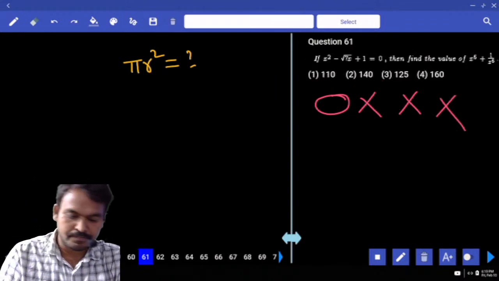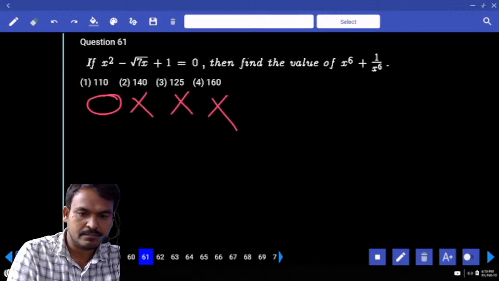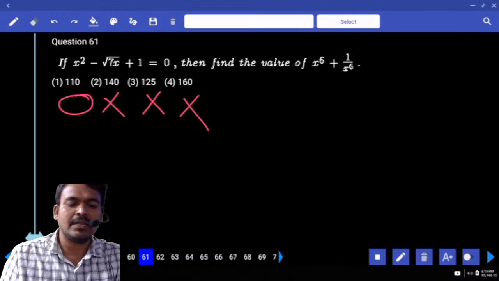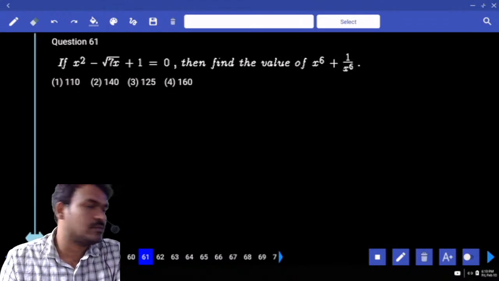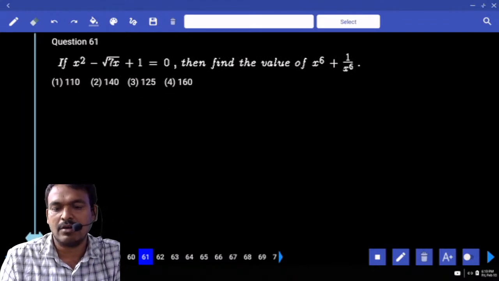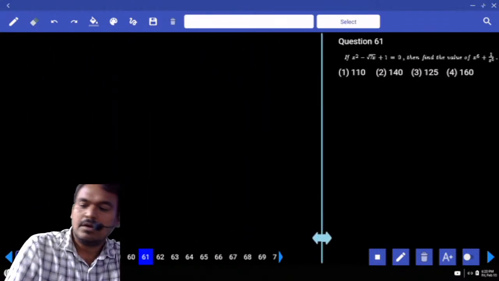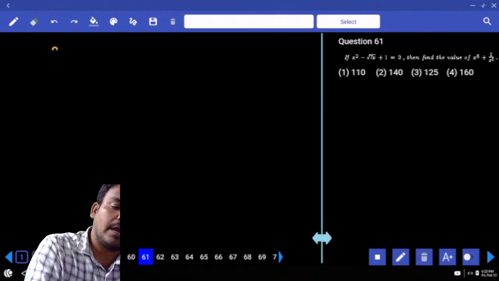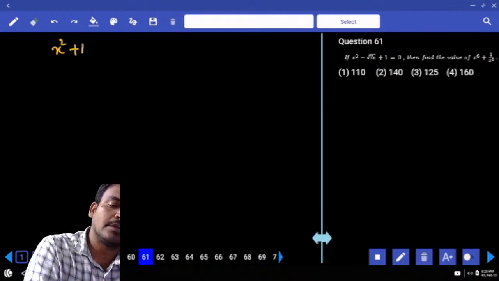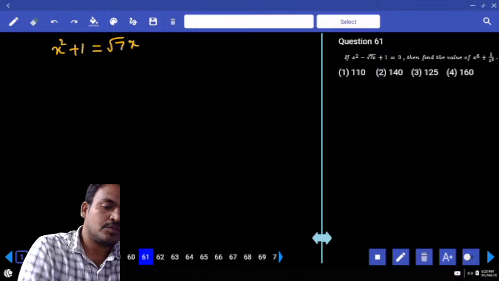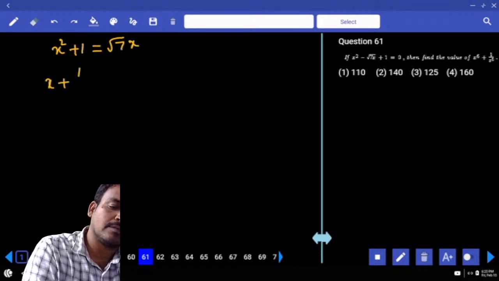Next is 62. X square minus root 7 x plus 1 equal to how much? 0. Then find the value of x power 6 plus 1 by x power 6. This one we write x square plus 1. It is equal to how much? Root 7 x. This one again we write x plus 1 by x equal to how much value?